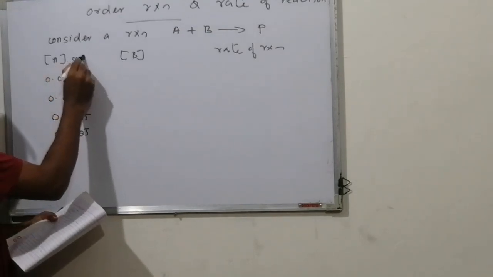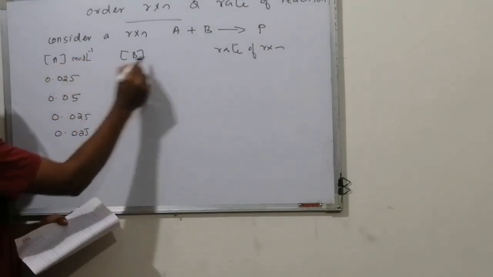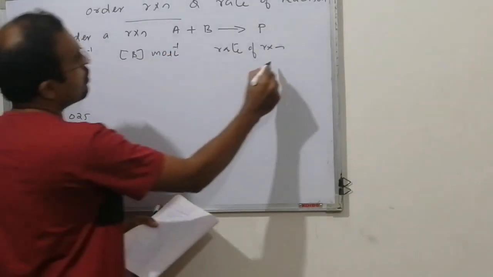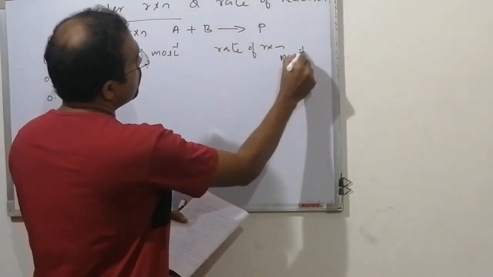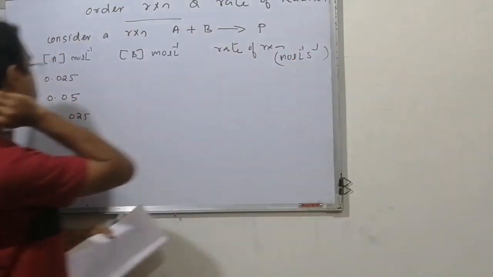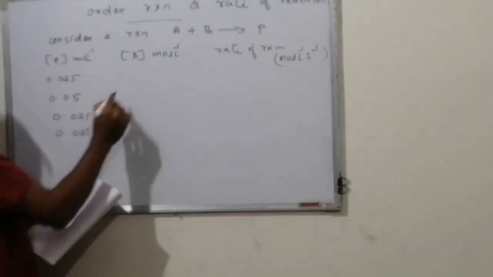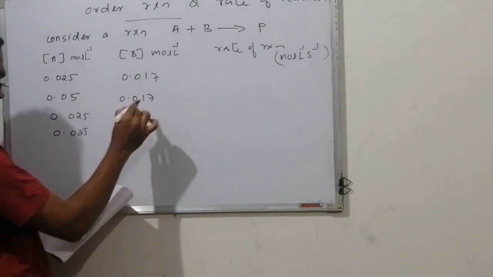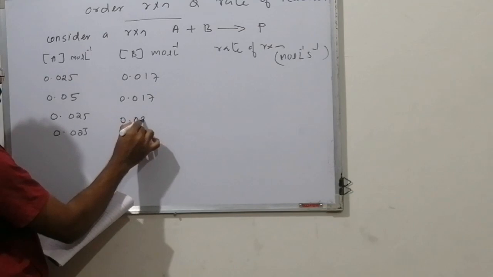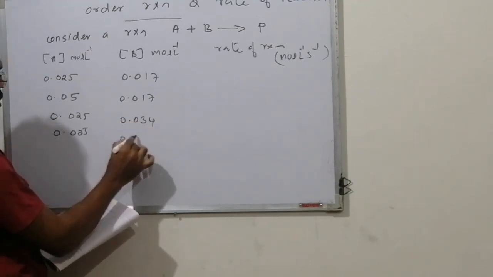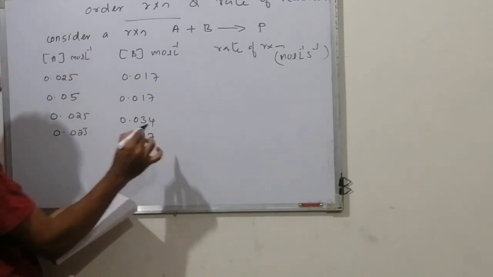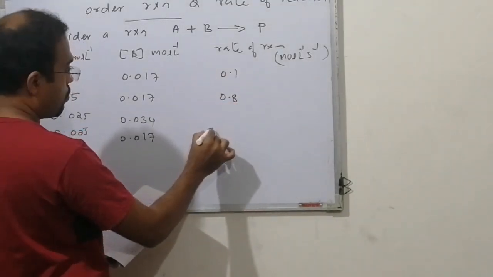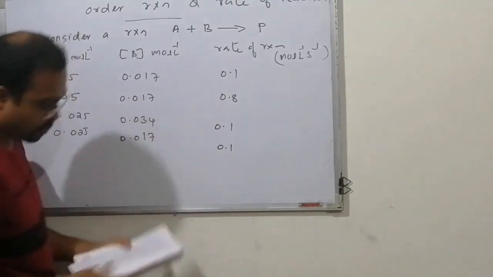This is in mole per liter. Concentration of B is 0.017, 0.017, 0.034, 0.017. The rate is 0.1, 0.8, 0.1, 0.1.